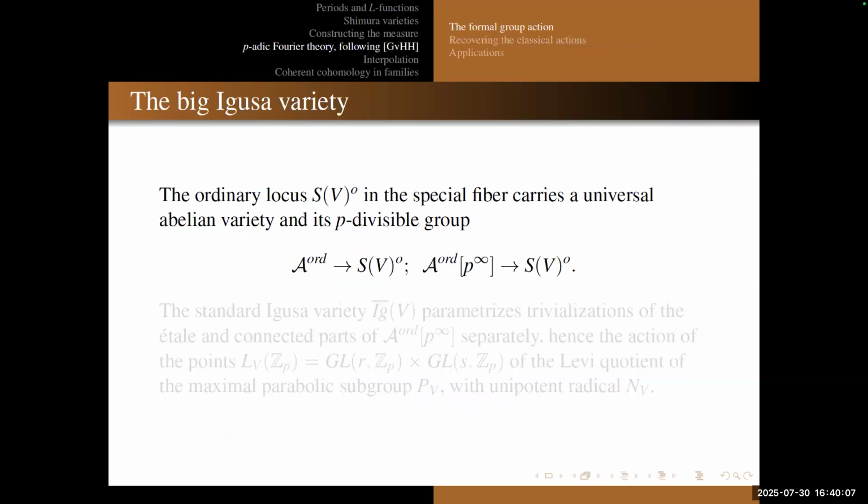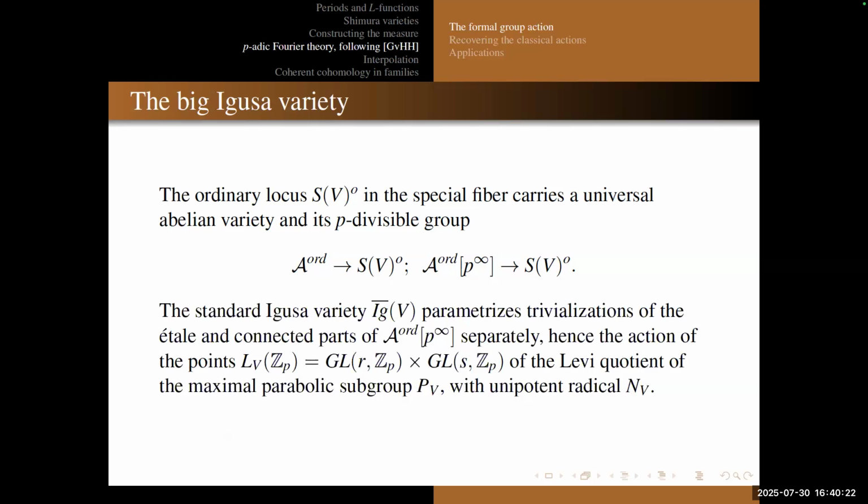All right. So how does this work? The ordinary locus carries a universal abelian variety and its p-divisible group. The standard Igusa variety, the one used by Katz and Hida, parameterizes trivializations of the étale and connected parts separately.